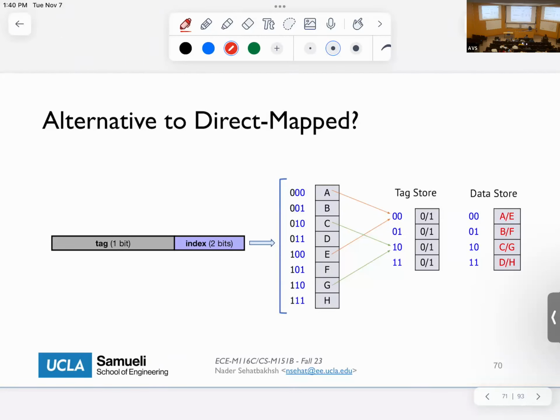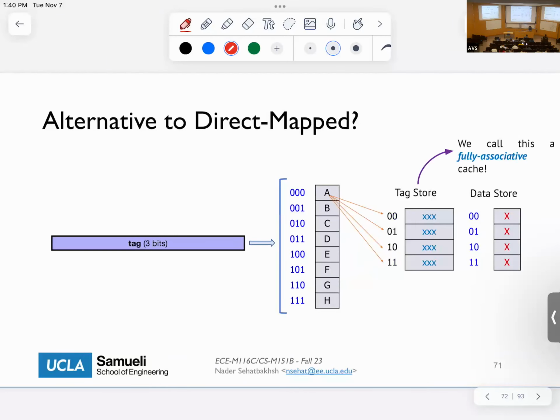So this was direct map, and this is what we call fully associative. Basically, I need to store all 3 bits as my tag because I no longer use the index to tell me which one is which. So if my address is 32 bits, I need to store the entire 32 bits as my tag, okay?